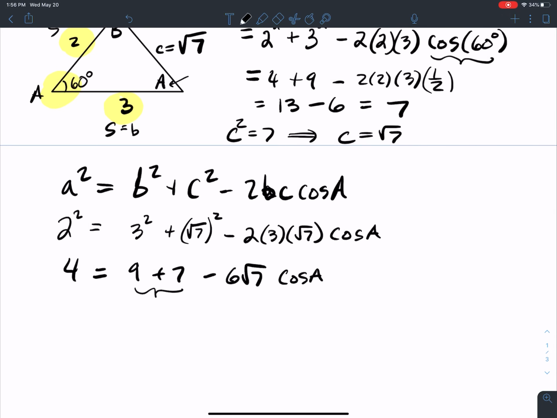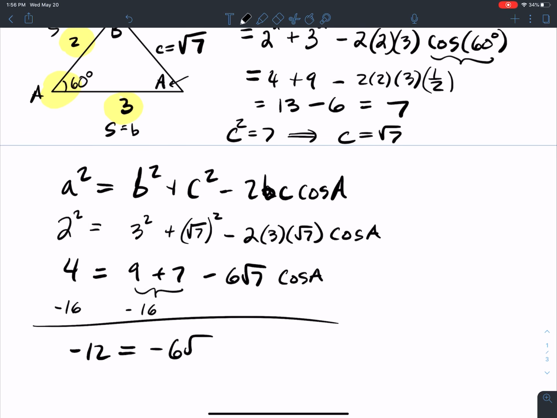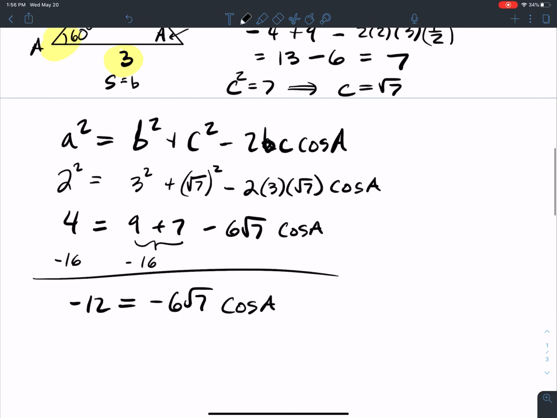So this gets me 16. So subtract 16 from both sides, and I get minus 12 equals negative 6 square root 7 cosine A. Divide by negative 6 square root 7 on both sides.